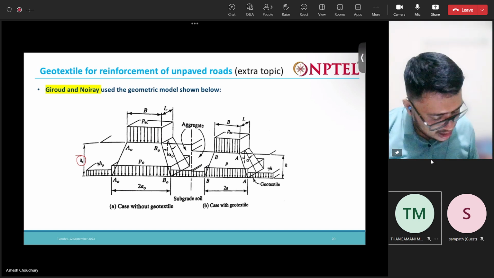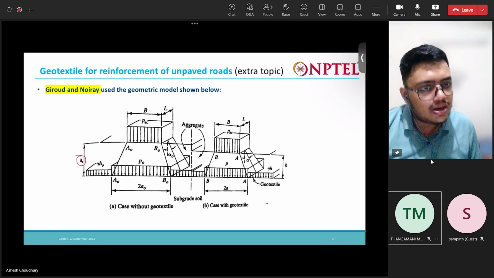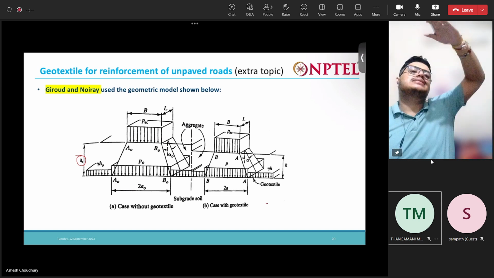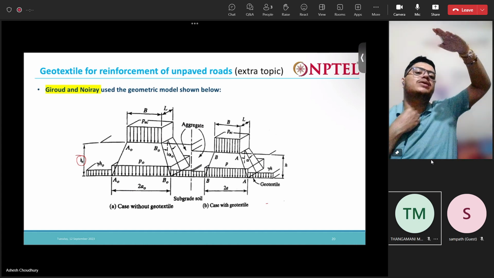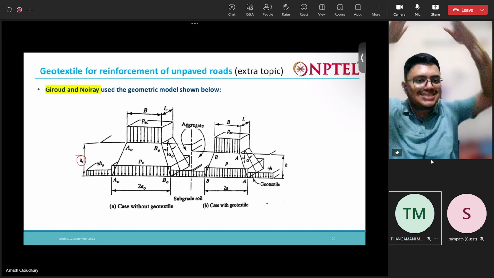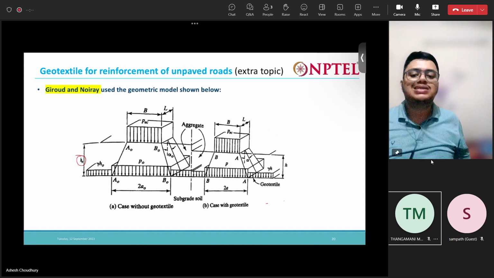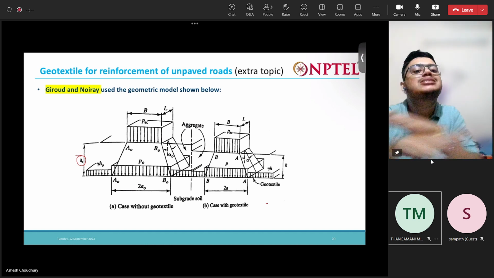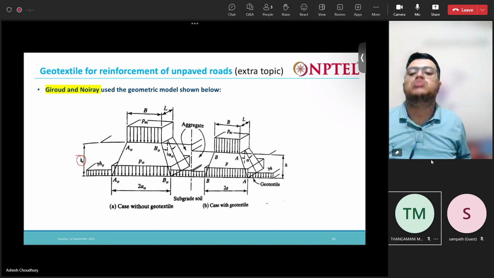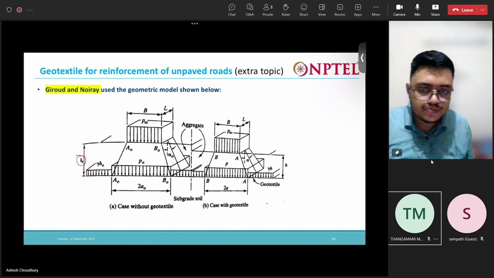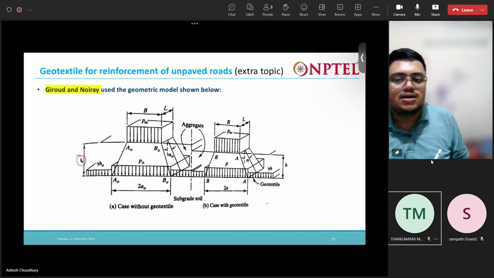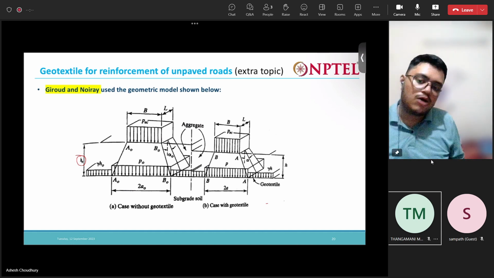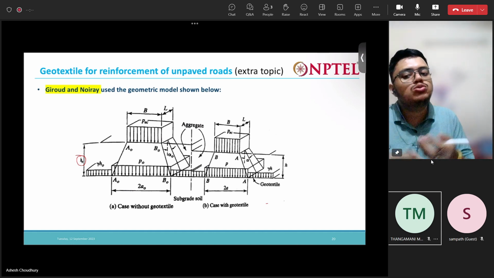Below we have a subgrade soil. We need to place some aggregate layers above it so that the load coming on the subgrade soil is sufficiently reduced or spread out. Without geotextile, we need to use H naught height.